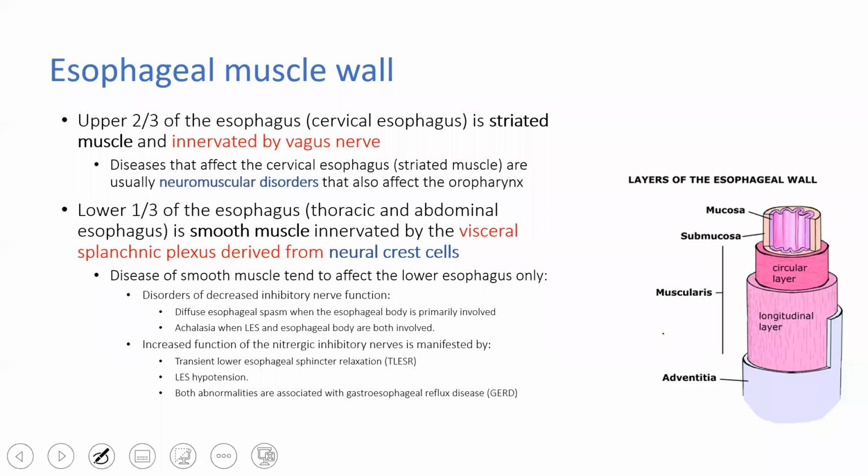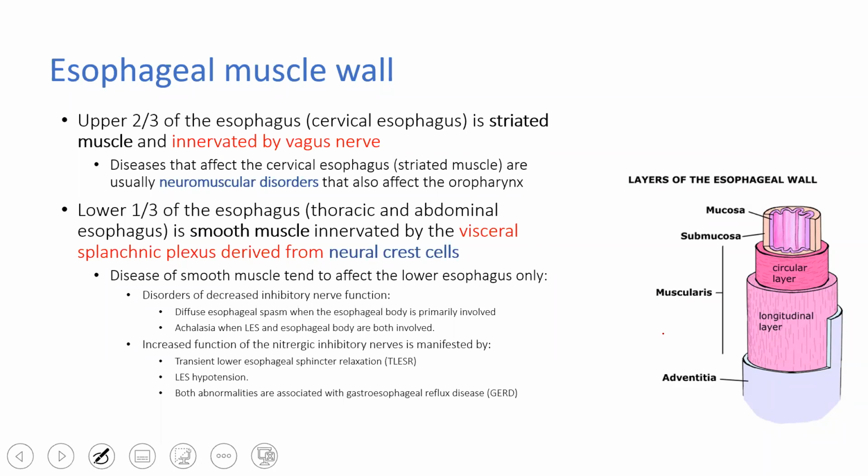If the baby has a decrease in the inhibitory nerve supply in the smooth muscle, it can give you either achalasia at the lower part or diffuse esophageal spasm when the esophageal body is primarily involved.